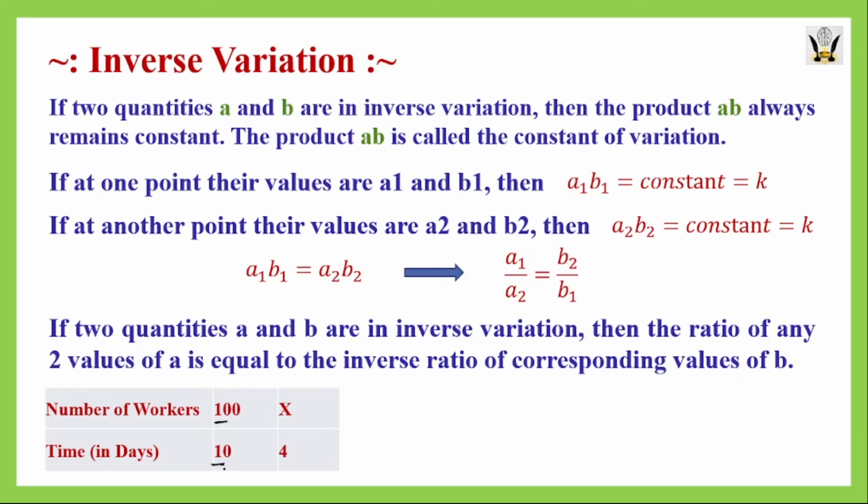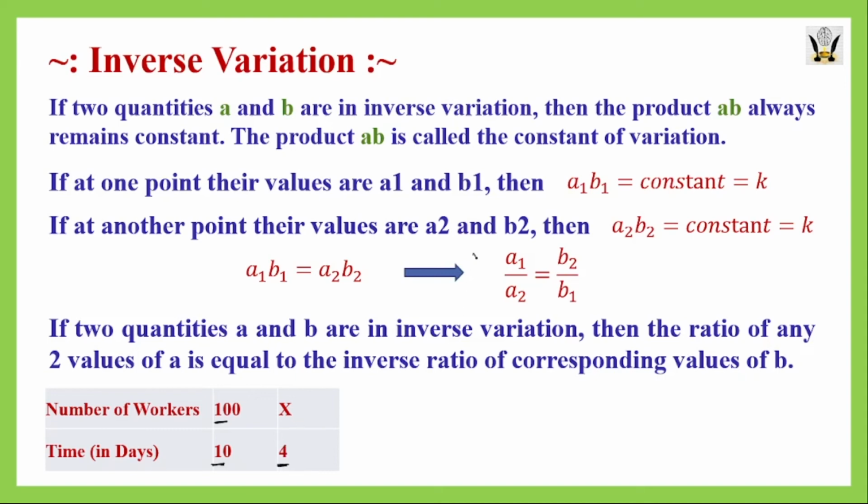Now we have to find, if we want to complete the same job in 4 days, how many workers we need. So at another point of time, or another set of values of A and B, when the value of B is 4, meaning B2, what will be the value of A2?